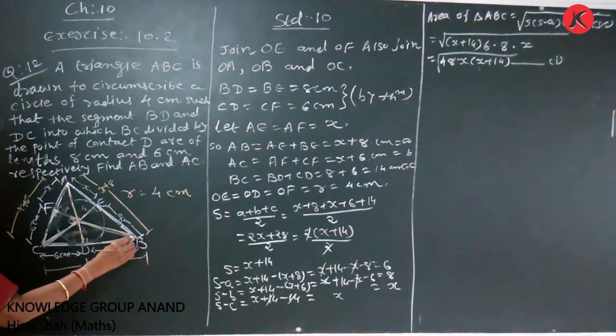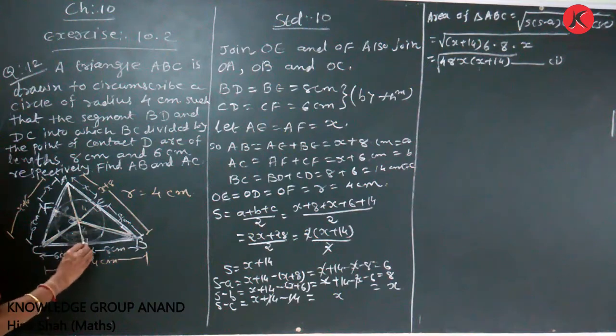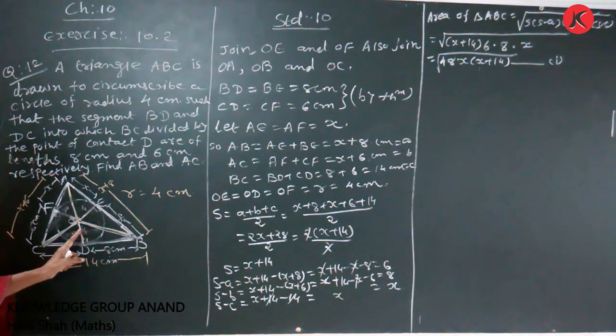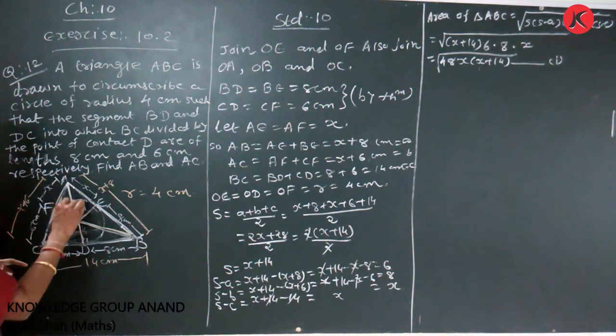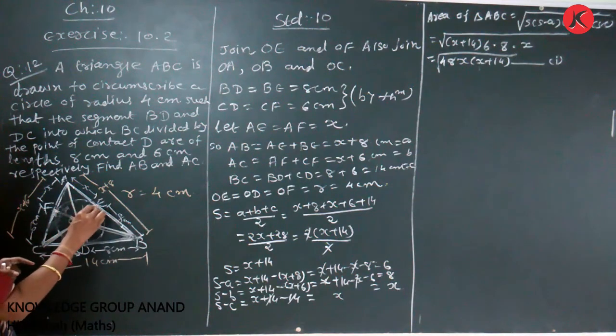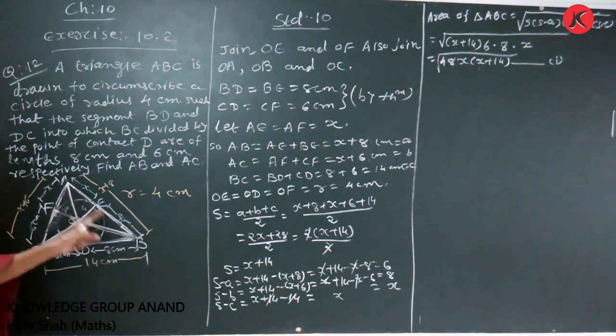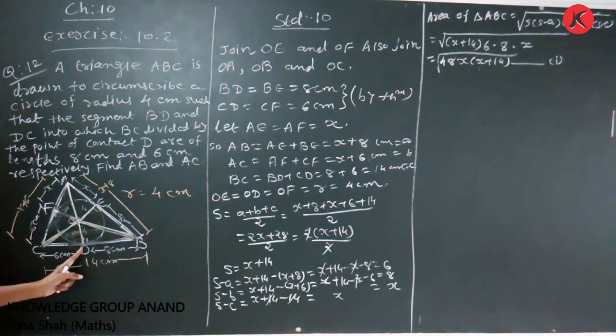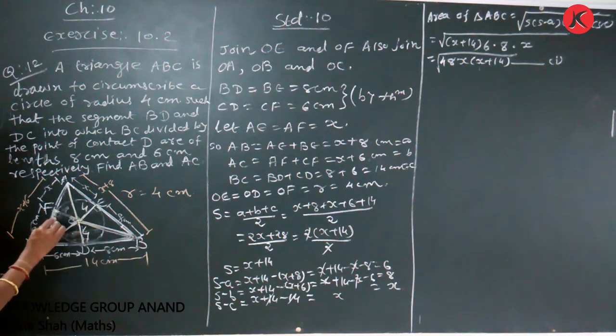Suppose the area of triangle AOB is 1/2 base into height. Base is equal to x plus 8 and height is equal to 4. Here 1/2 base into height, 14 into 4, and here x plus 6 into 4.